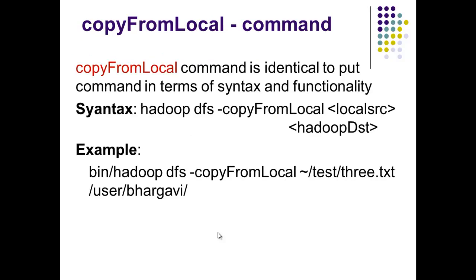Copy from local. This command is identical to the put command in terms of syntax and functionality. It is used for copying a file from the local host system to the Hadoop file system.